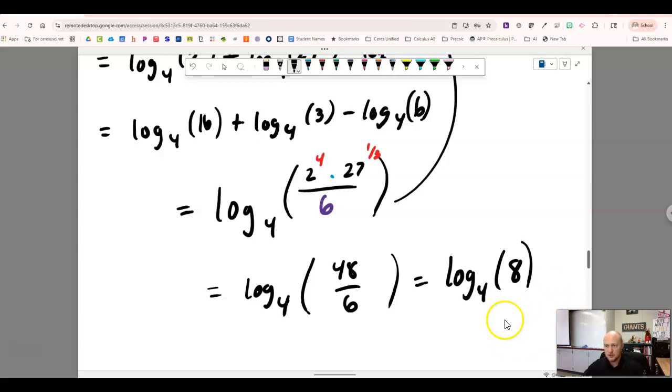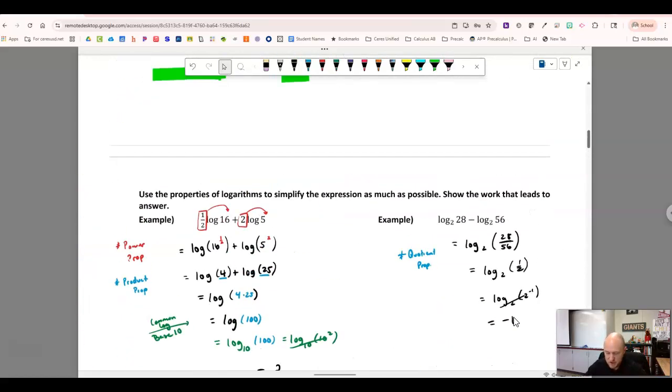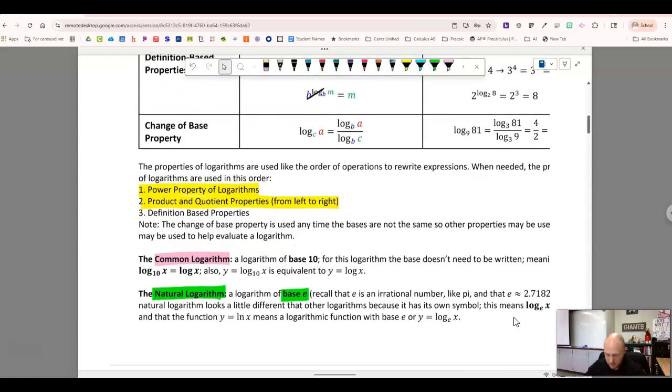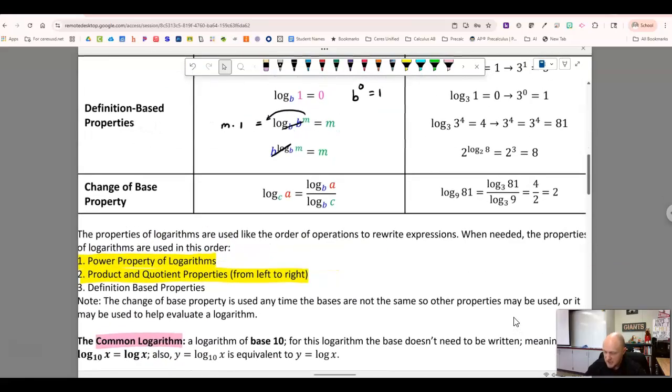Okay, there you go. Now, something I do want to touch on is our very last property, which was the change of base property right here. What happens if I have two values that I can't simplify, but they're both families of another base that could be simplified?